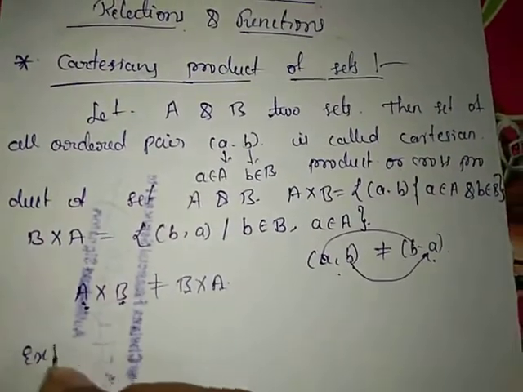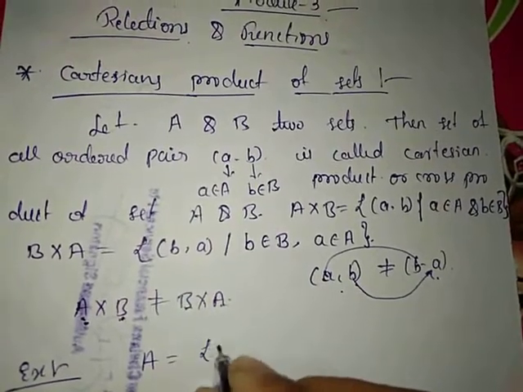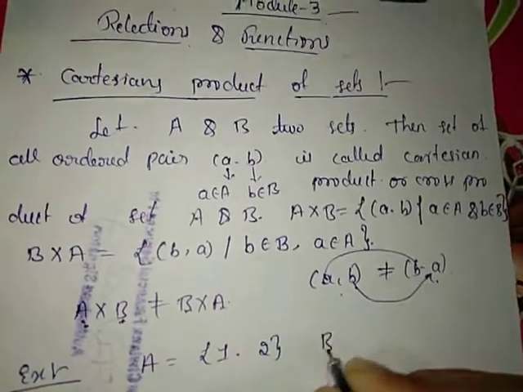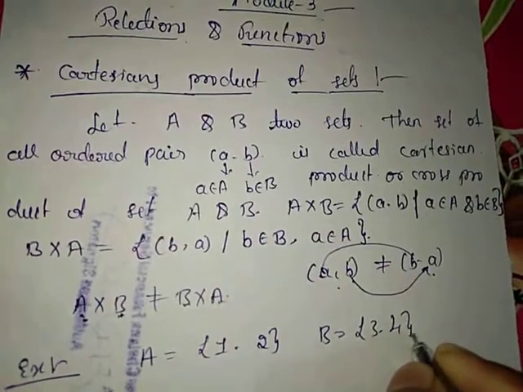For example, suppose A = {1, 2} and B = {3, 4}.